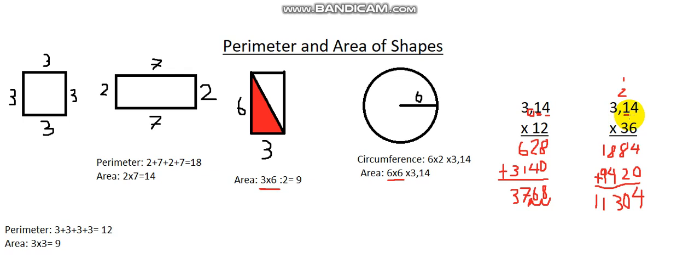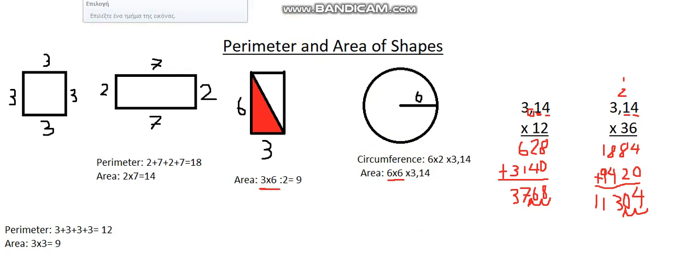That's 2 numbers. So I would have to take the decimal point and go 2 spots to the right, between the 3 and the 0. So I'd have 113.04. So the area of my circle, the entire circle, would be 113.04. That would be the correct answer.